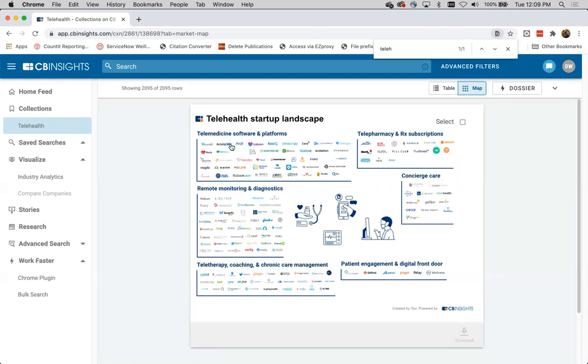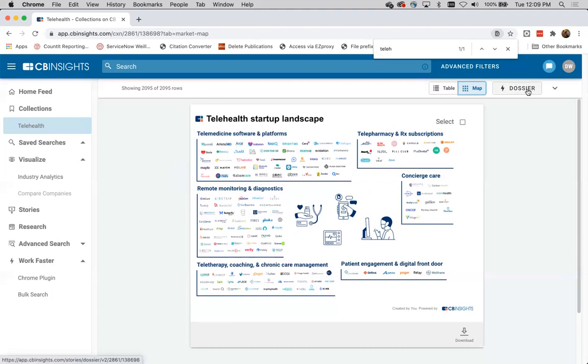And you get to look at icons and logos, which is a little more interesting to me. So if there's something that's interesting to you, you can click through it. There's familiar names here, things like ZocDoc, Capsule, Oscar, some companies that are pretty well known that are still technically in the private startup space. They haven't been acquired or gone public yet. So you can click on any of those, which we'll do in a second.